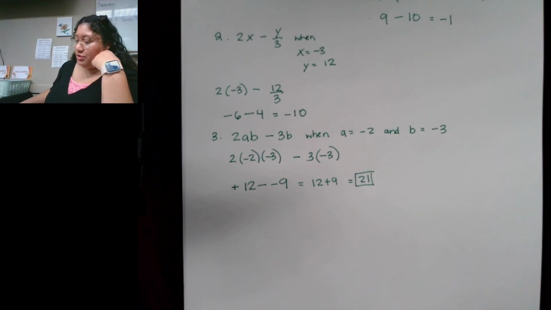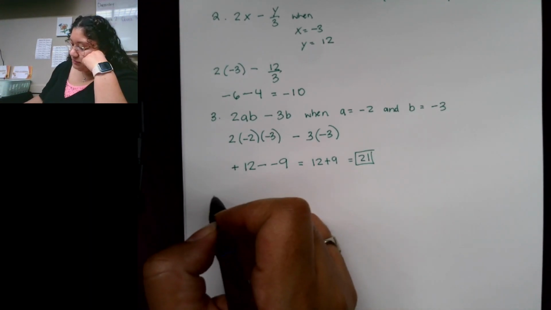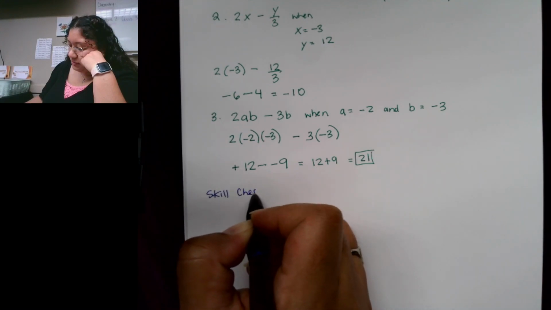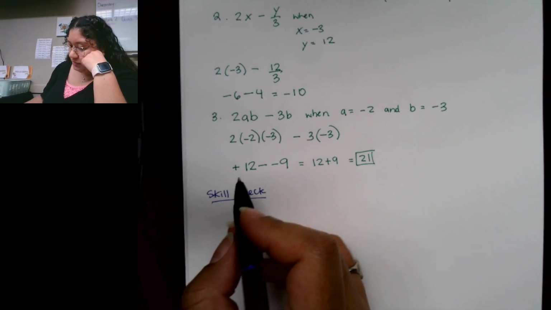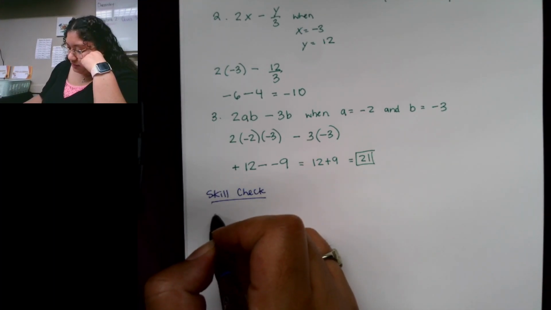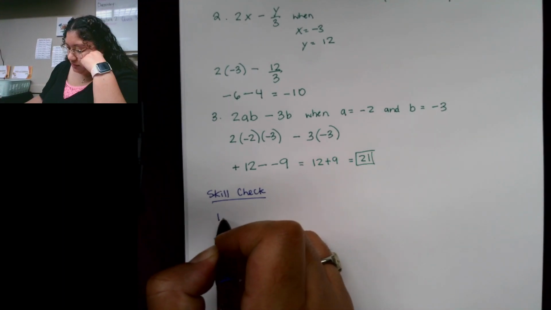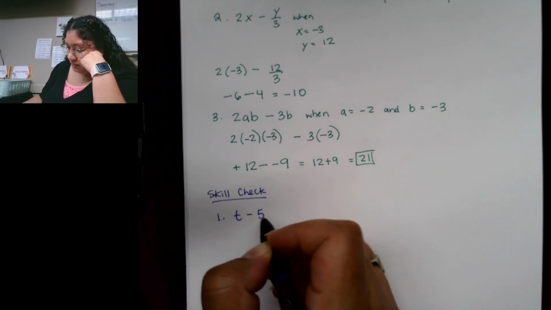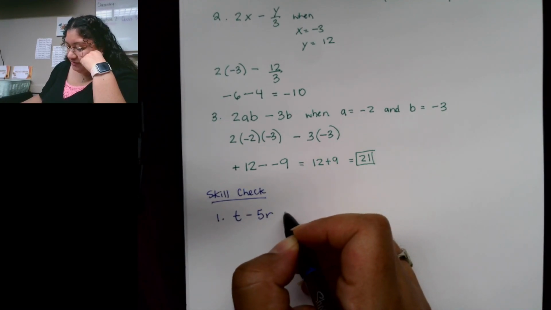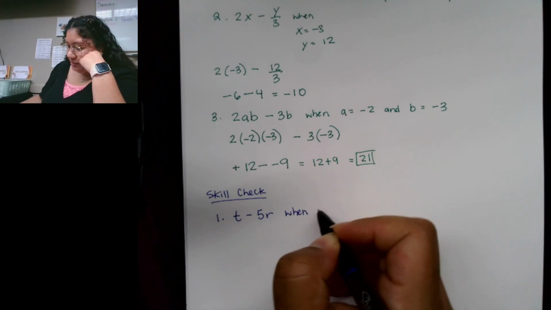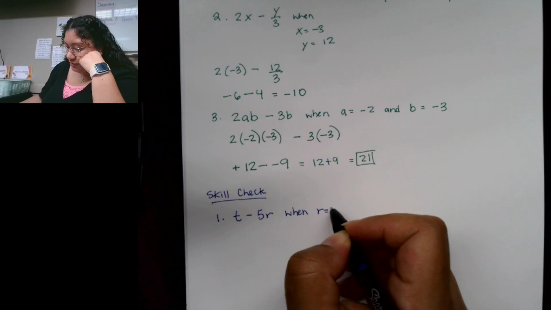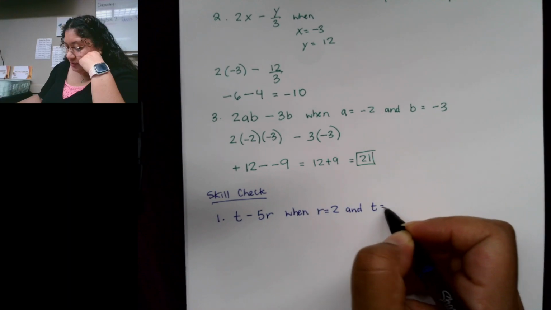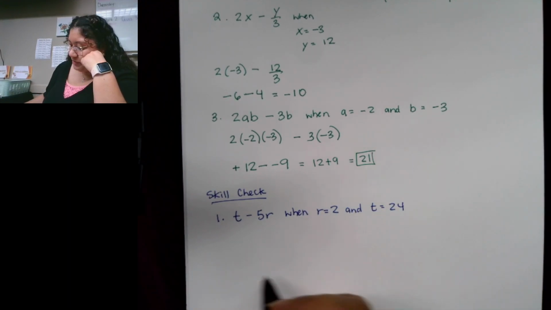Okay, your turn again. So I've got t minus 5r when r equals 2 and t equals 24.